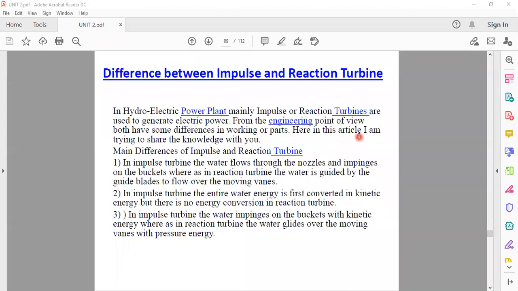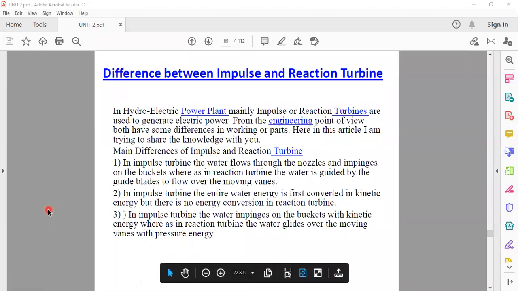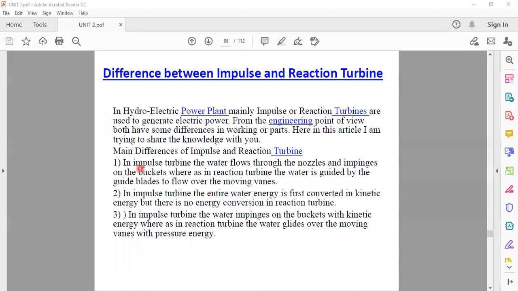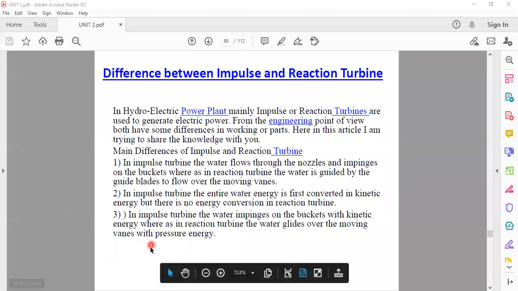Here, in this article, I am trying to share the knowledge with you. So, the main differences of impulse and reaction turbine. First, in an impulse turbine, the water flows through the nozzle and impacts on the buckets, whereas in a reaction turbine, water is guided by the blade to flow over the moving vane.